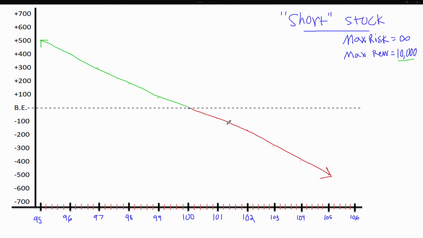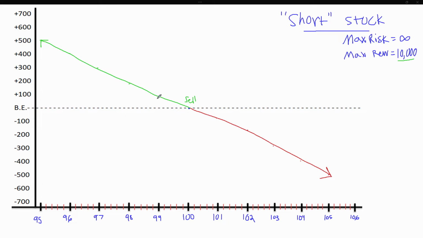Why is this the case? When you short stock, you are selling. So you've sold here at 100. You've said, this is my sell price, but we've got to buy it back later. If it's going this way, we have to buy high, and we've already sold low. If you have to buy something at 103 that you've already sold at 100, you lose $3 times the 100 shares.